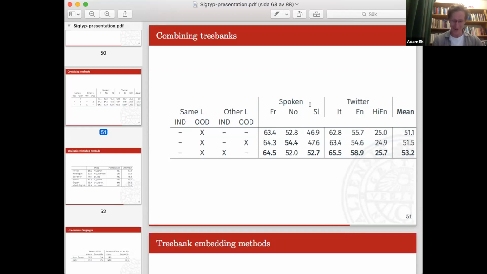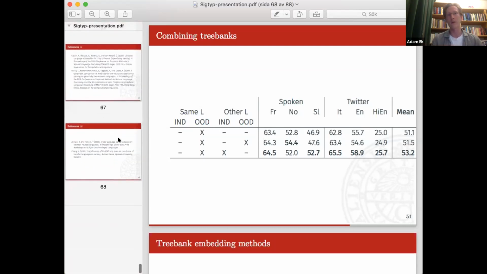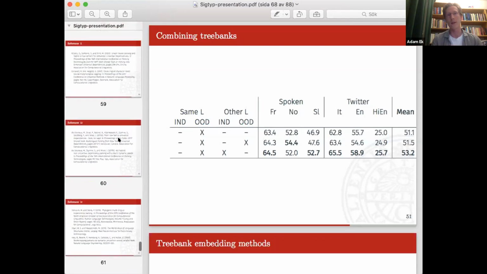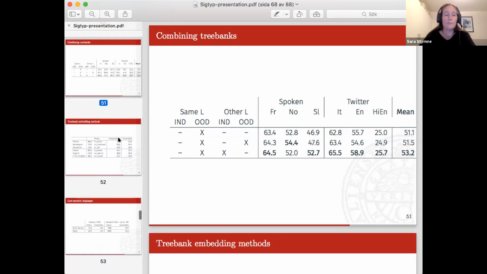I also had a question about the mBERT experiments. I was wondering if you tried to correlate the improvement you got with the amount of training data used in training mBERT. We didn't actually do that, but it's a great idea.